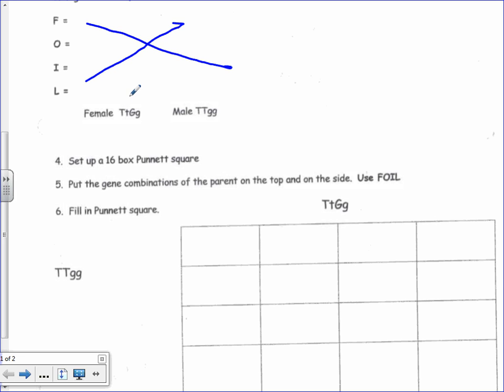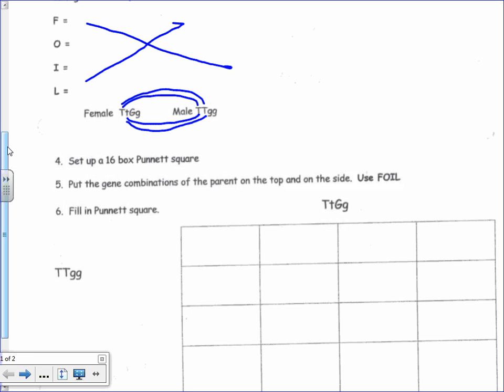So we're going to consider that this allele from the female could sort with this allele from the male, or it could sort with this allele from the male. This chromosome from the female could assort with this allele from the male, or it could assort with this allele from the male.